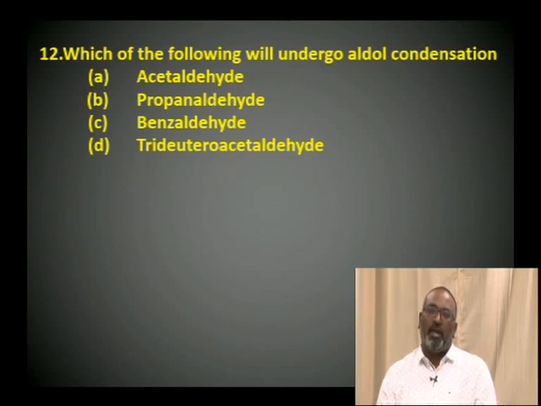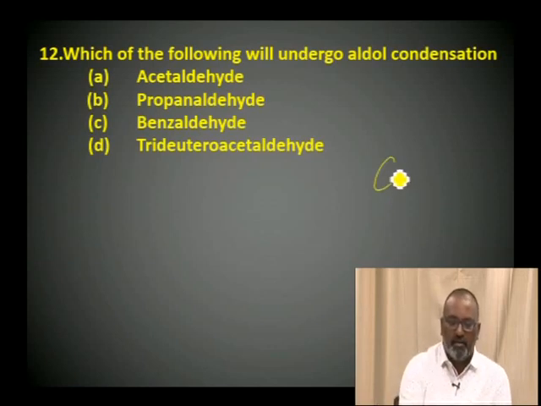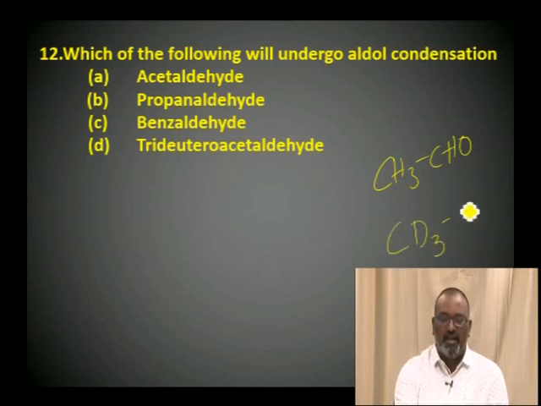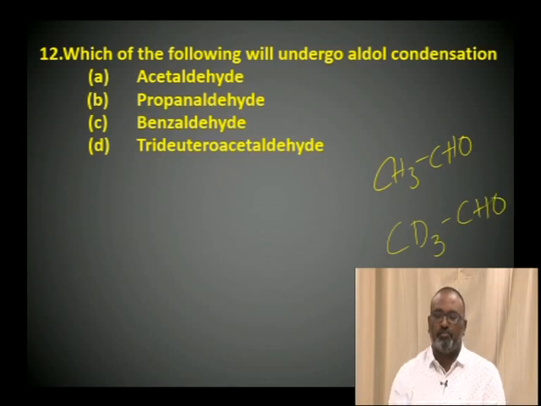From trideuteroacetaldehyde, you know that deuterium is one of the isotopes of hydrogen. In acetaldehyde, that is CH3CHO, if all these 3 hydrogens are replaced with deuterium, then it is called CD3CHO, trideuteroacetaldehyde.